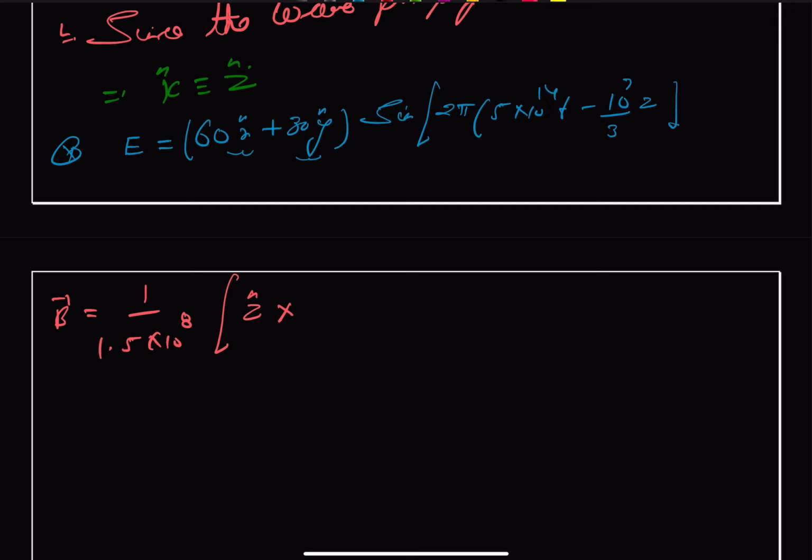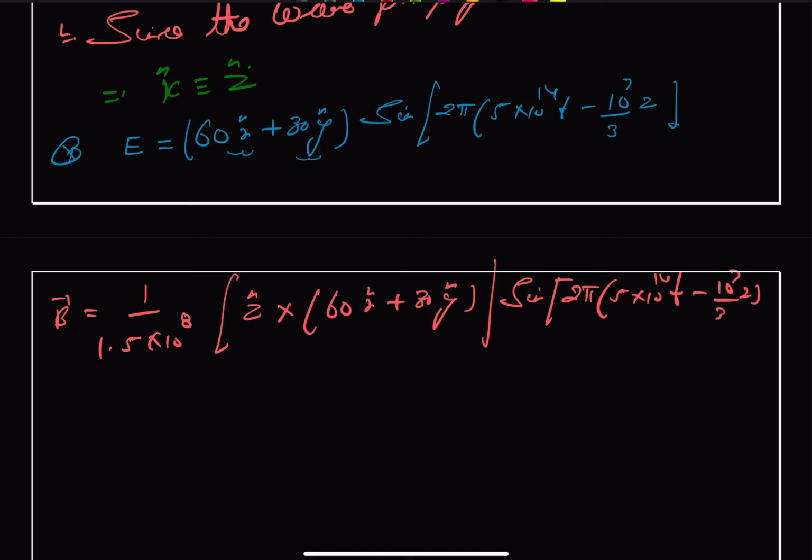Cross product, now we put the value of our electric field, that is 60 x unit vector plus 30 y unit vector, and rest will be magnitude, which will be same. So we get sine of 2 pi (5 into 10 to the power 14 times t minus 10 to the power 7 divided by 3 times z).